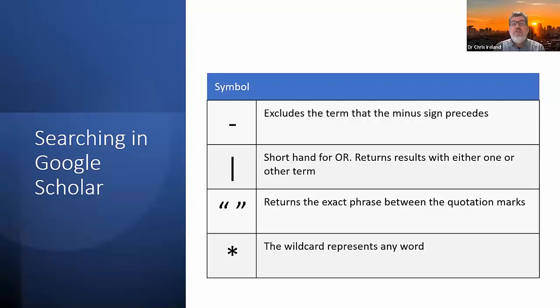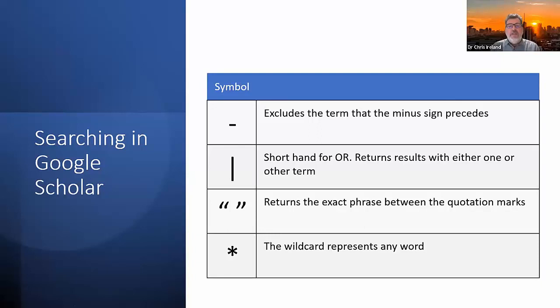That means that you exclude any term that it precedes. Then the second one that we've got here is the shorthand for or. So that returns a result for either one or other of the terms. And then I'll show you that in a moment.